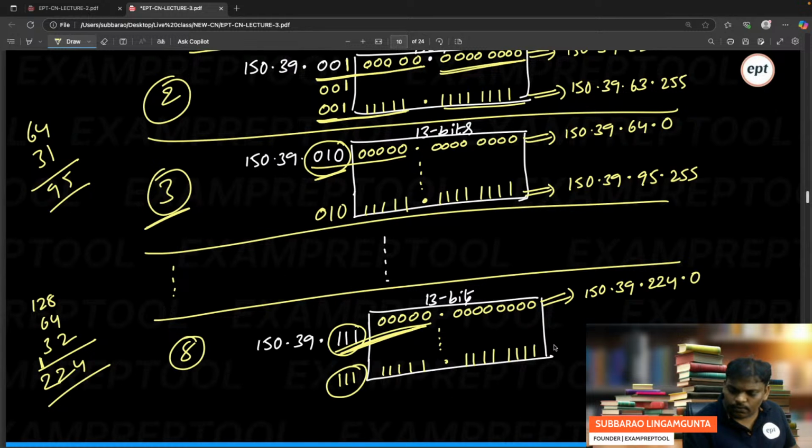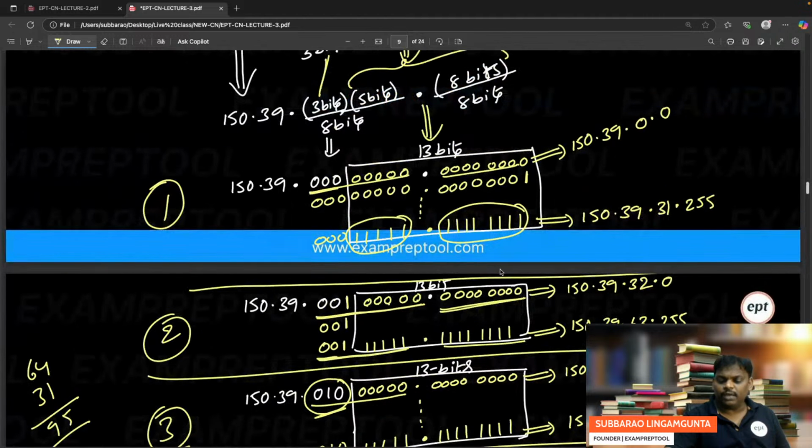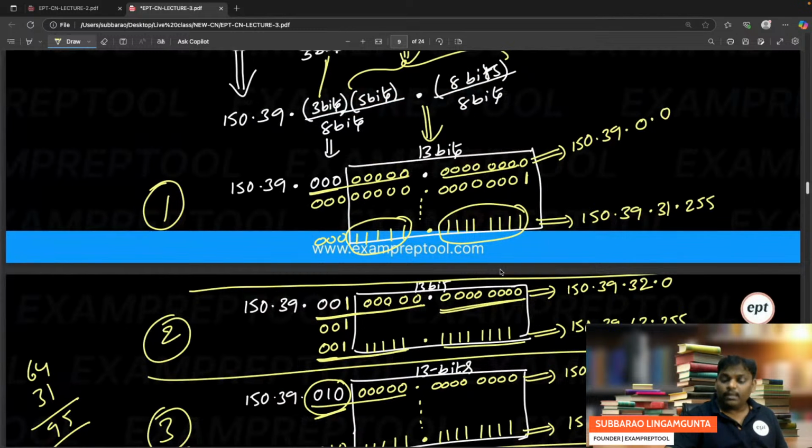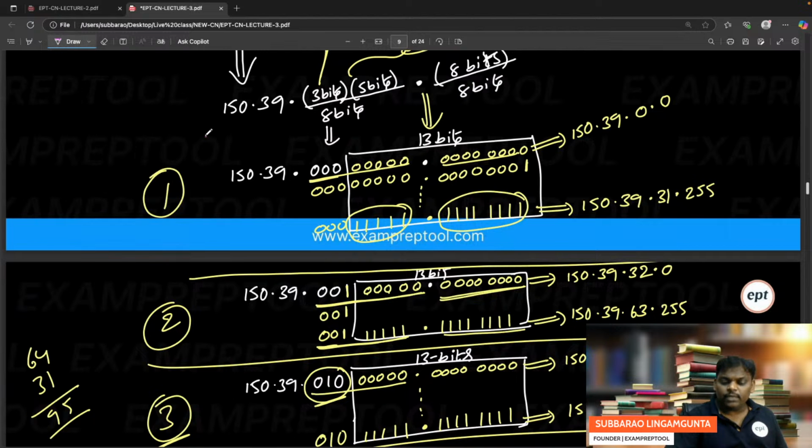Dot 0. Lastly, 150 dot 39, and these are all ones, 255. Check properly. No need to be confused. Converting binary number into decimal number, please be careful. The important thing here is that the subnet part is 3 bits.